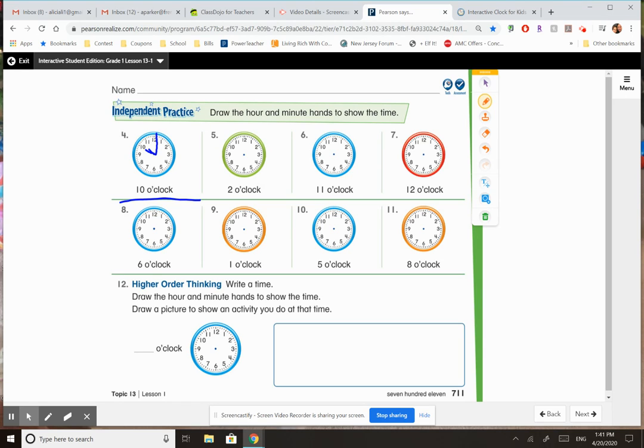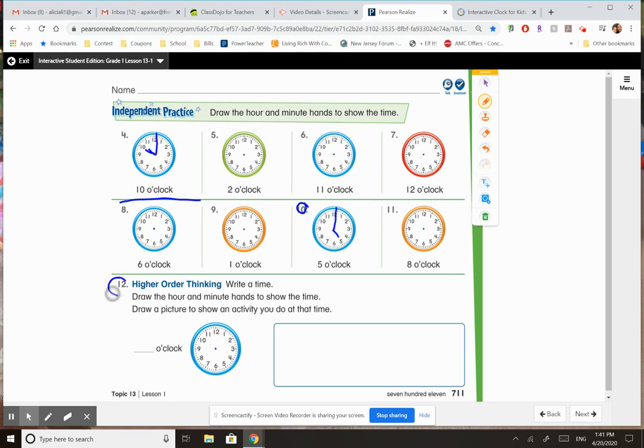So I'll do this one too. For number 10, 5 o'clock. So it goes to the 5, and then to the 12. It's okay if it goes past the clock. If it passes the number, I'm okay with that. I'd rather you pass the number so I know where you're going. And like that, 5 o'clock, okay?